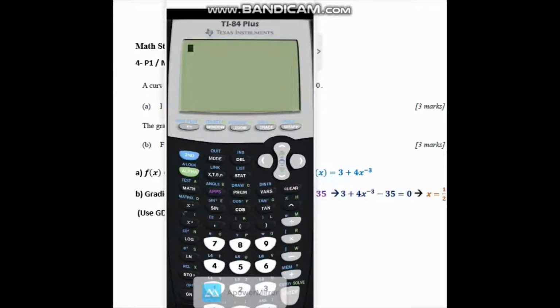So here is my GDC. I shall first go to y equals, the button at the top left, and I shall press on it like this. Then I shall write the equation carefully. I want to solve the dark blue equation right there. So I'm just going to write it down very carefully.